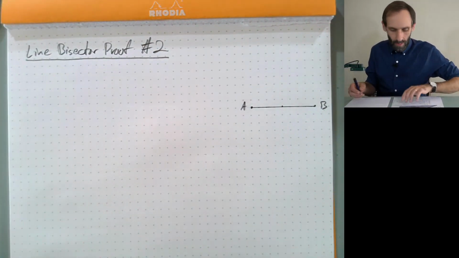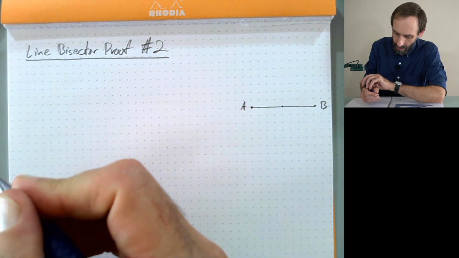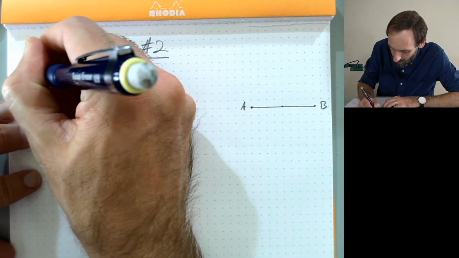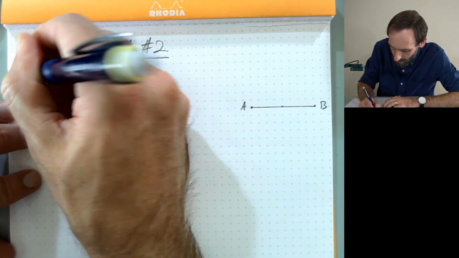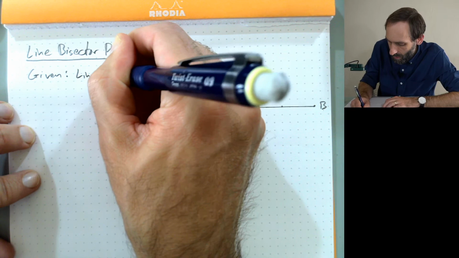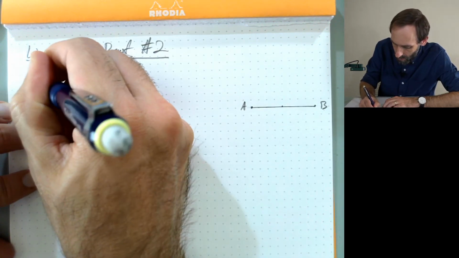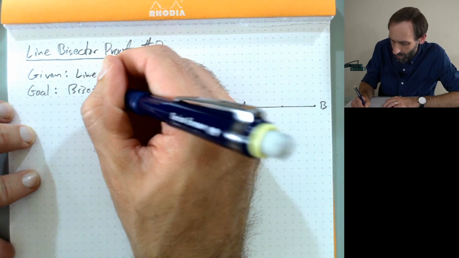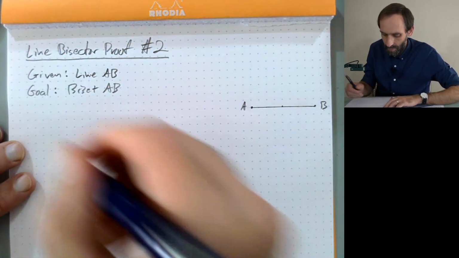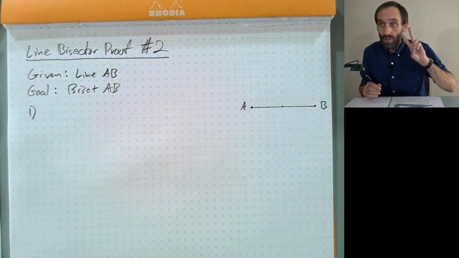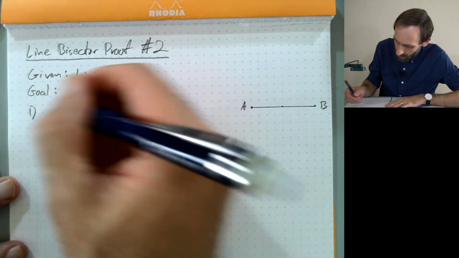And our given and goal are the same, of course, as the last one. So given line AB, the goal is to bisect AB. And step one is going to be pretty much the same, except we're constructing two equilateral triangles.